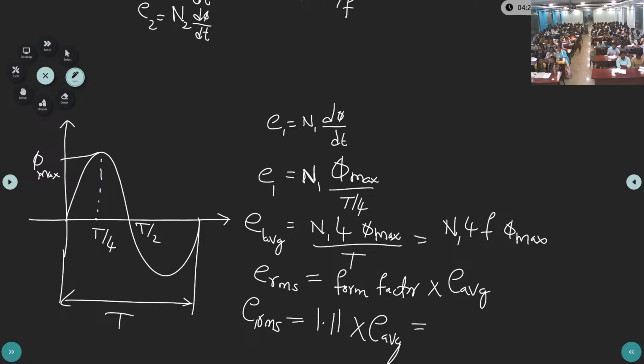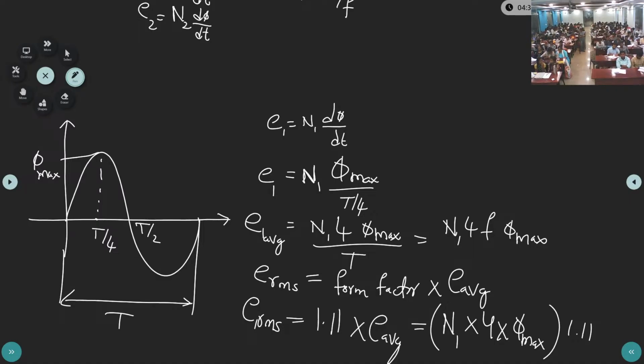What is E average? N1 into 4 into φ max. This total into 1.11.